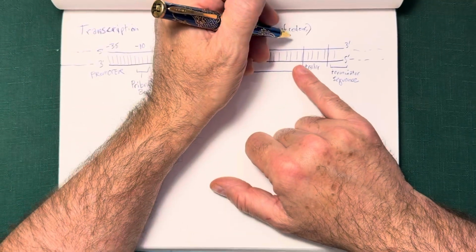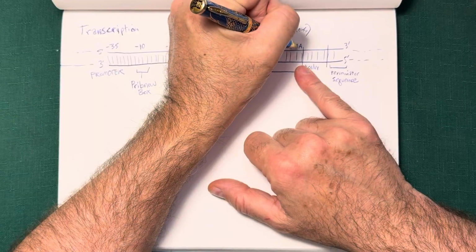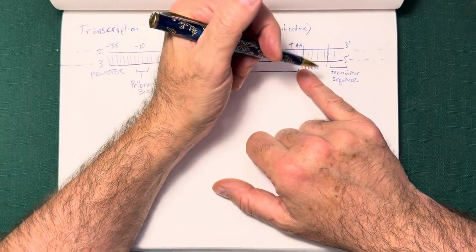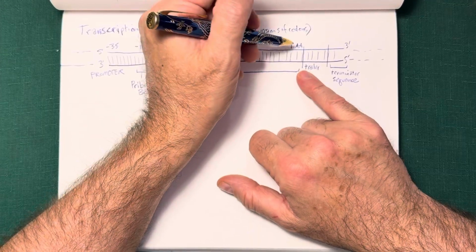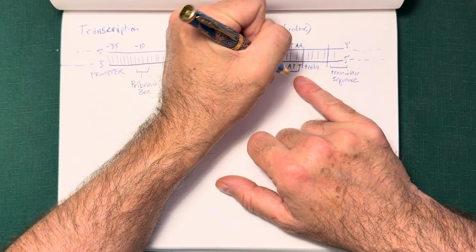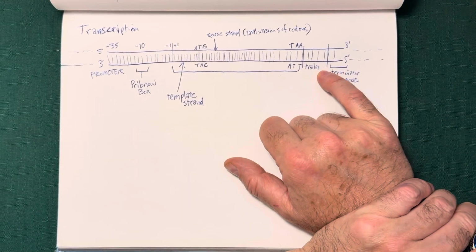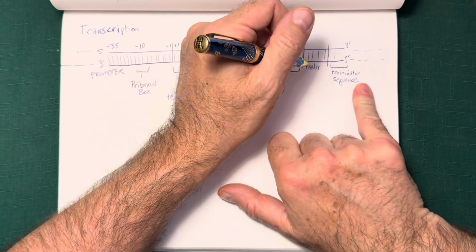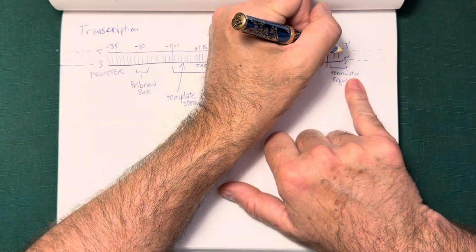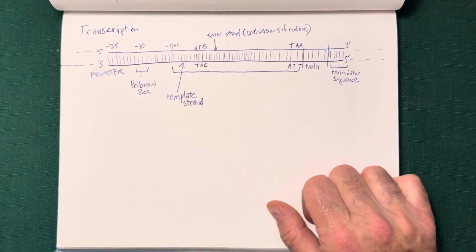Which means down here, right before the trailer, we're going to have the DNA version of a stop codon, which one of the ones I picked, TAA instead of UAA, and the reverse complement to that is going to be TTA. And then we're going to have a trailer, which is going to be a little bit of downstream untranslated region before we get to the terminator sequence, and I'll talk more about how termination occurs in a separate video.